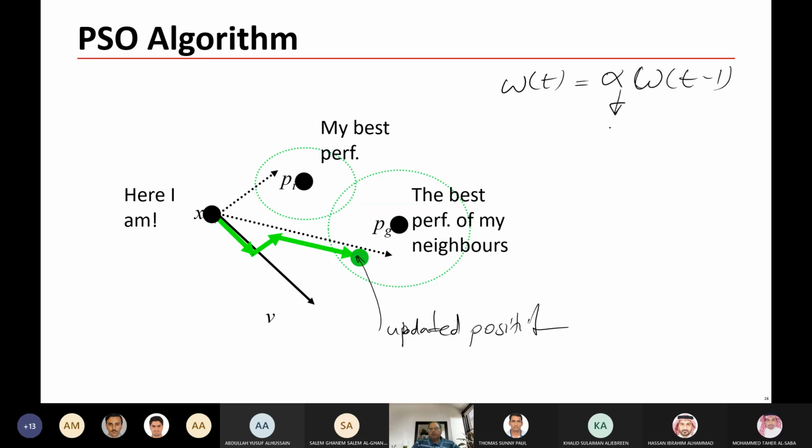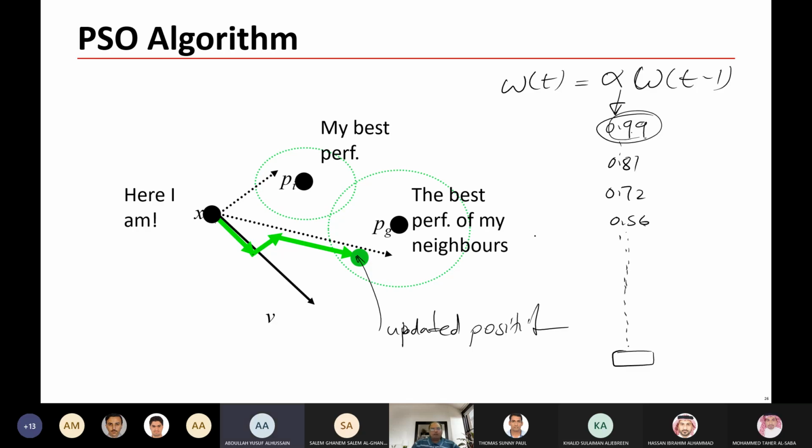So if you take this as 0.9, then the second iteration would be 0.81, then 0.72, then 0.56. It will not be 0 at the end, because you multiply by 0.95 or 0.99, it's very close to 1 but less than 1. So the weight here is reduced to a very low value. But it will not reach 0.